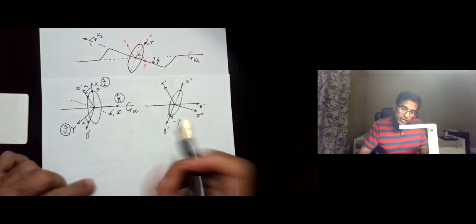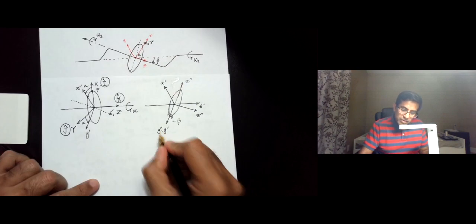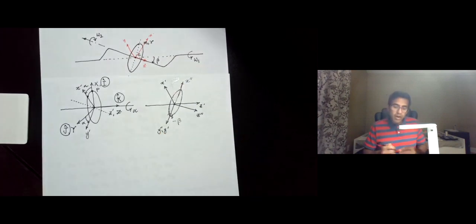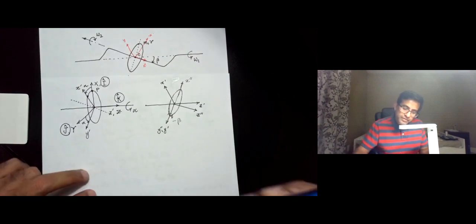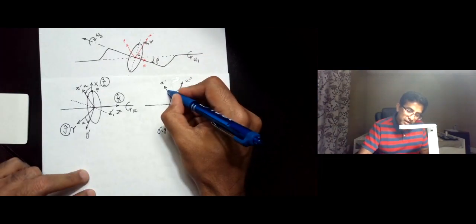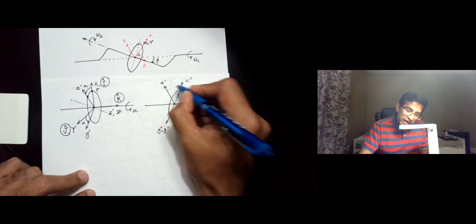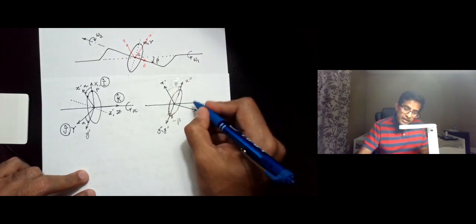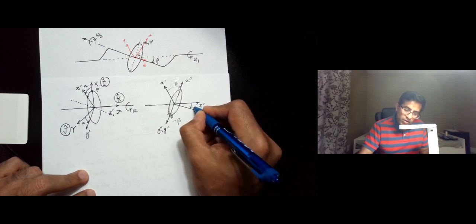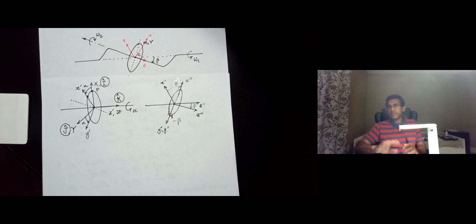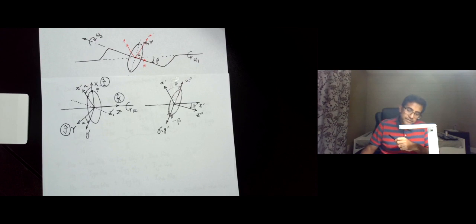So y double prime remains the same as y prime, and x prime has turned by an angle beta, and z prime also turned by an angle beta, because your turn is about the y-axis.